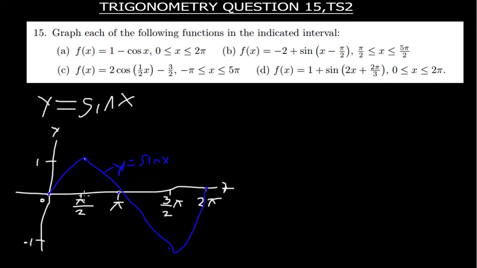Sine 90, you get 1, but since there is a negative outside, you have a -1, which implies that you're going to have points like this, there, then there, and then go back there. So it will move like this. So this one is y is equal to negative sine x. That's the way it comes out.